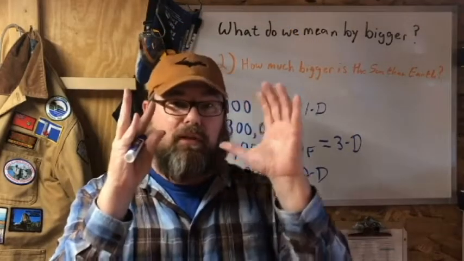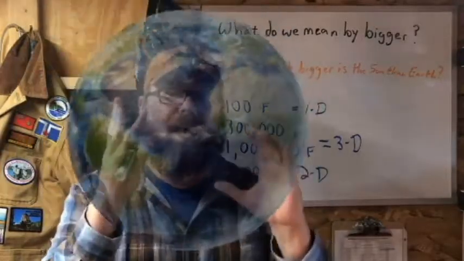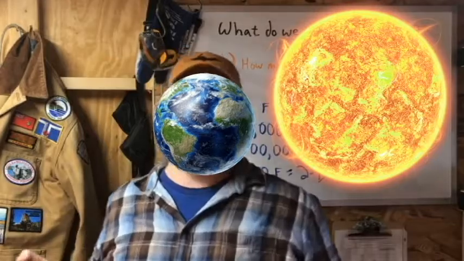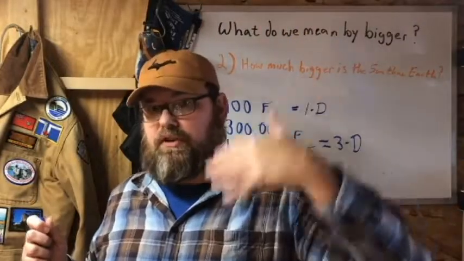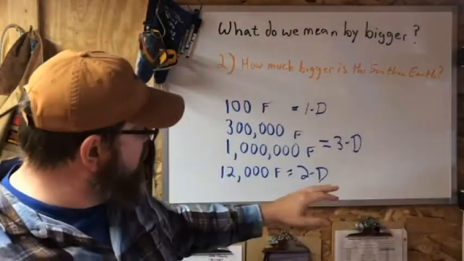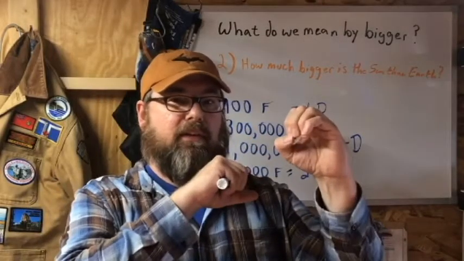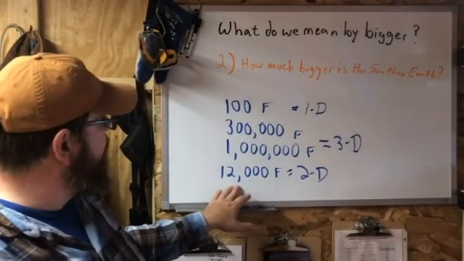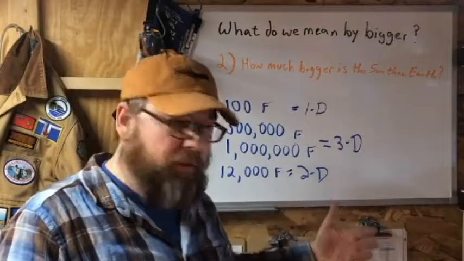Well, if we took the Earth, say we were standing somewhere in space and we were fine, and put it right next to the sun, we would also just see a disk. The further you look into the distance, the less 3-dimensional your vision becomes. And so it would look 2-dimensional. So it would be the disk of the sun next to the disk of the earth. The apparent surface area of the sun is 12,000 times that of the earth.